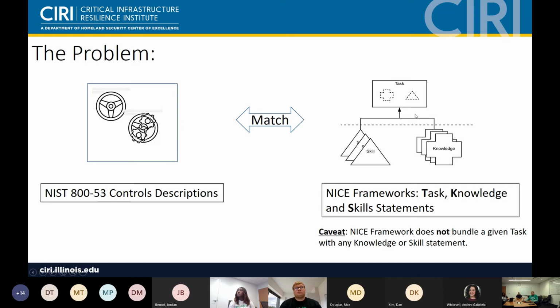One thing I would say just as an FYI is that in the NICE framework, even though the picture describes the task, knowledge, skill, this sort of bundling is not present directly; each of these items is separate, and as we discuss our activity, we'll talk about that.